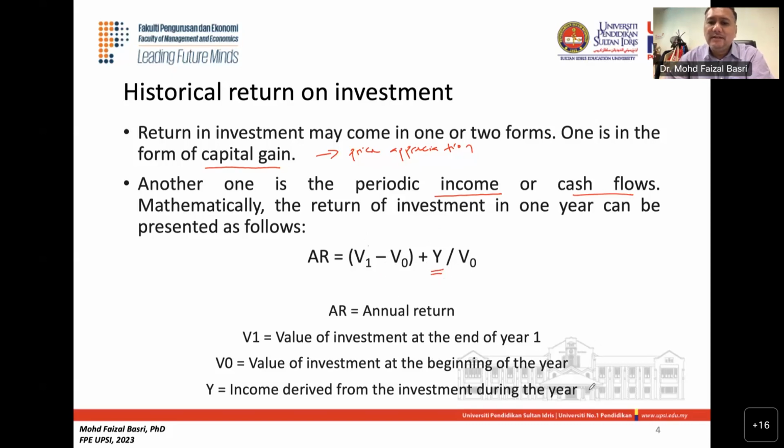Income usually can come in a form of interest, or dividend, for example. So any return in terms of dividend or interest throughout the same period, we add together with the difference of your value of investment. And we divide it with the original value of your investment.